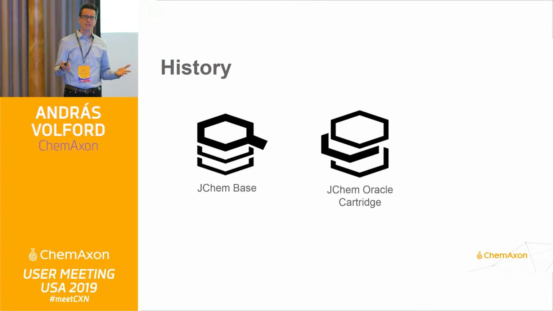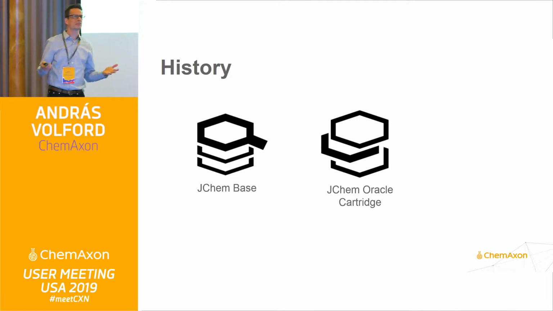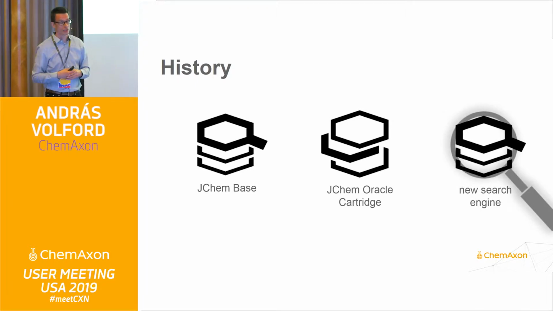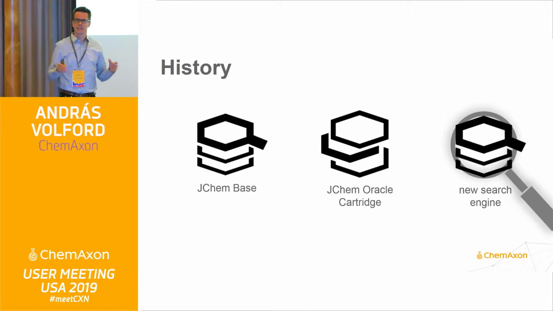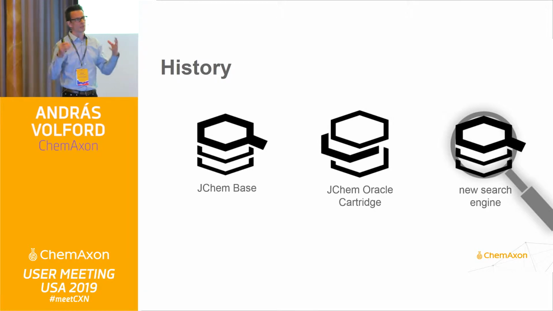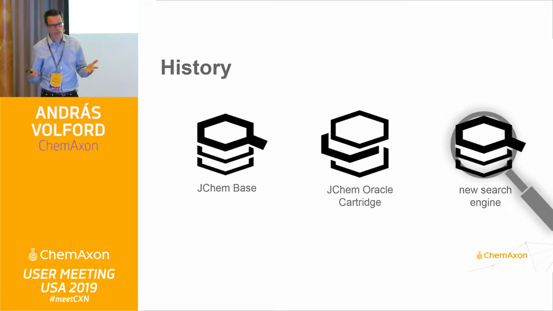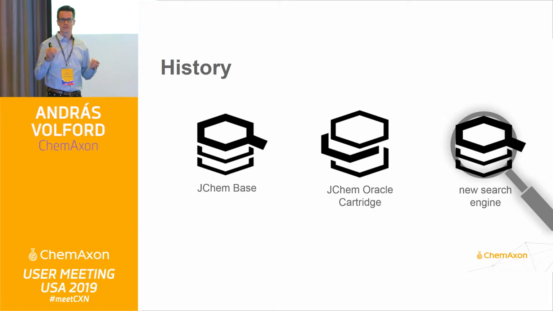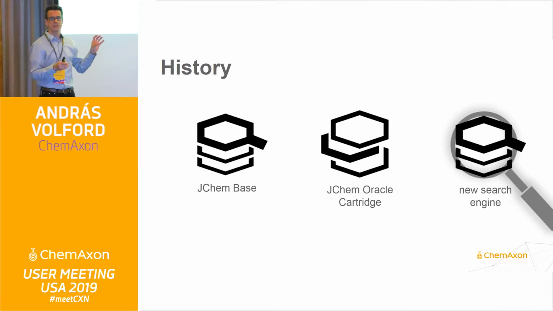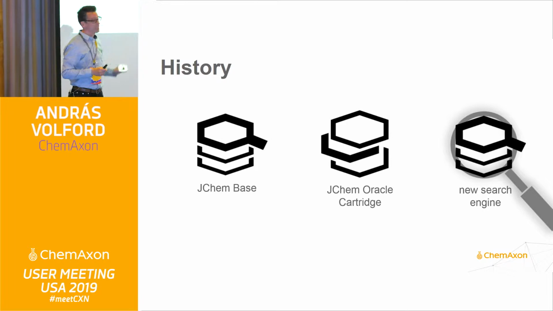You know that this was approximately 20 years ago, and let's say 3 years ago, the JChem search engine team decided that it is very nice, we can provide new features, but what if we come out with a totally new search engine, we can call it a next generation search engine, which has some really cool features, but reuses the search engine implemented in JChem Base.